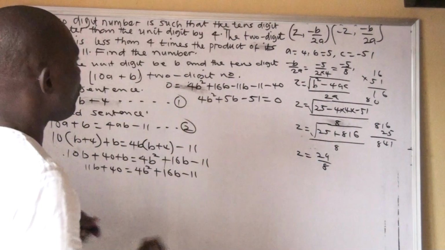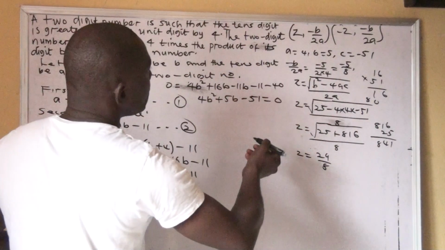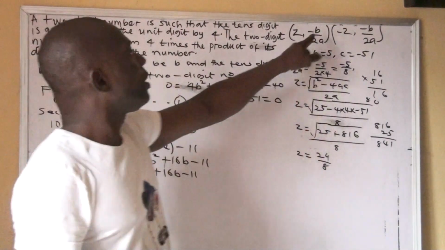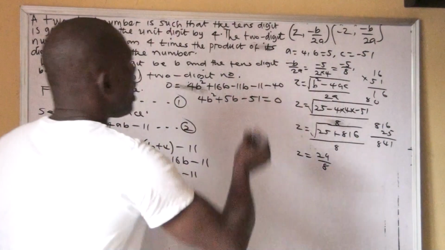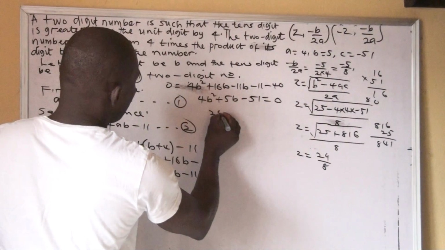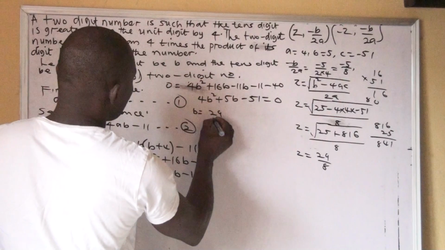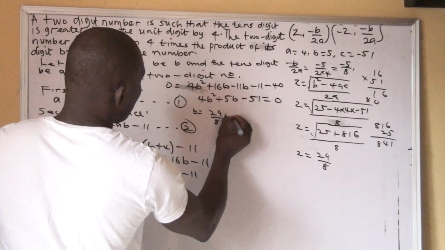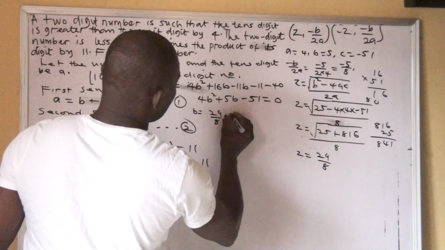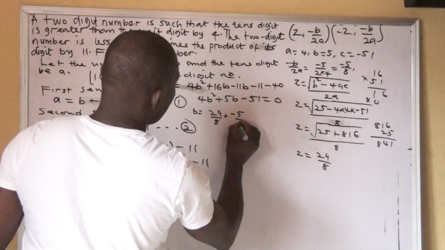Okay, so we can find the value of b. Here we ignore the one with negative and we take the one with positive. So here our z is 29 over 8. That is, the value of b is 29 over 8 plus minus 5 over 8?